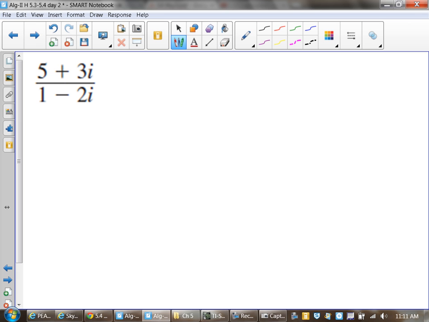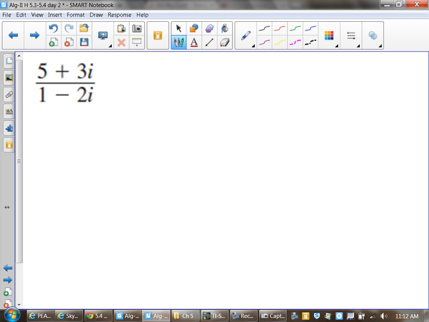Now, when you're dealing with division, what I have now is 5 plus 3i over 1 minus 2i. And I want you to think about what you did when you had a radical in a denominator. You would get rid of it by multiplying it out, right? You're doing the exact same thing here, but it's a process called multiplying by a conjugate.